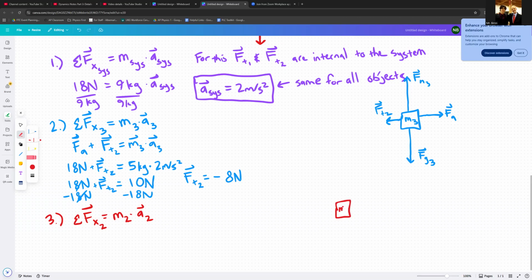Here's our object M2. We've got some gravity and normal force, 30 newtons this time around. Well, I guess we don't have to write the amount. You can if you want. If you want to label amounts and numbers on free body diagrams, feel free if that's helpful. Absolutely do it. Normal force and gravity, Fn2, Fg2.